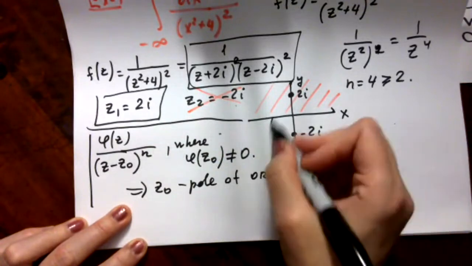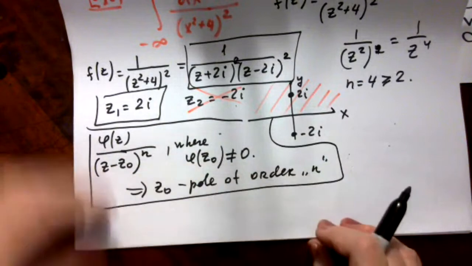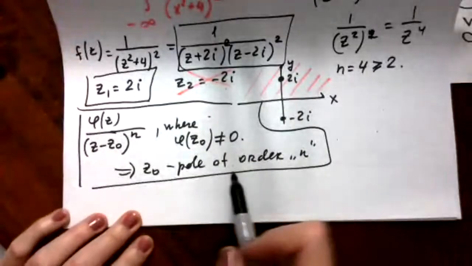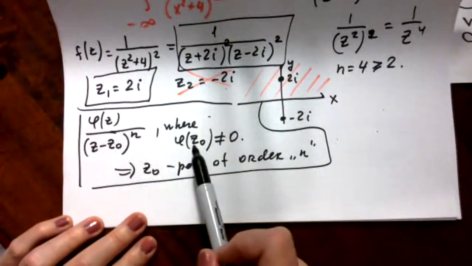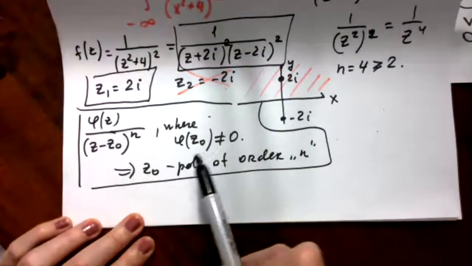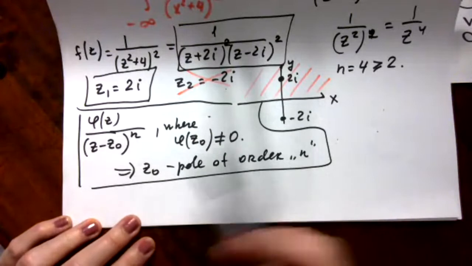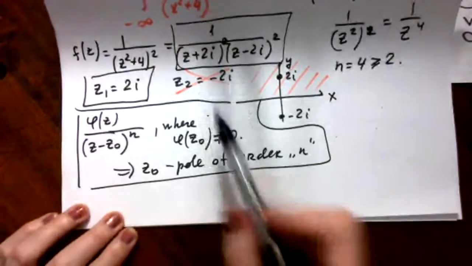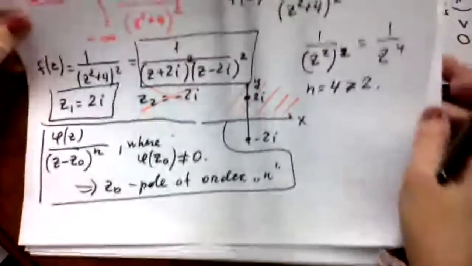So it was a very nice method of determining poles. And if we manage to determine that our singularity point is a pole, we have a formula as well. I can't say that it's very nice, but it's relatively easy. So let's have a look at our function from this point of view.